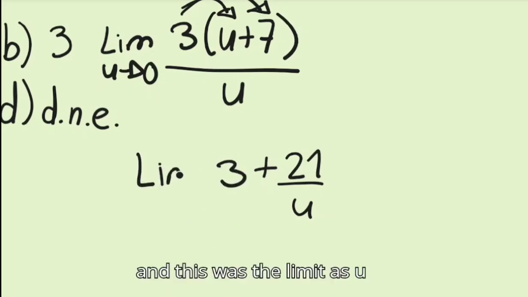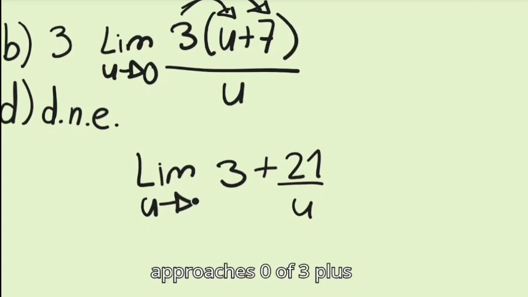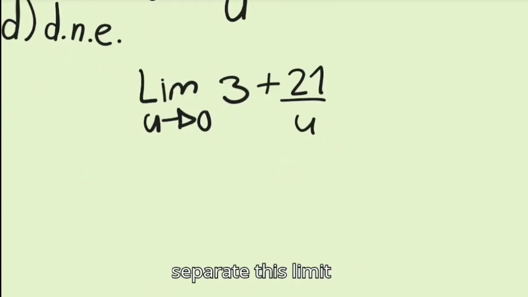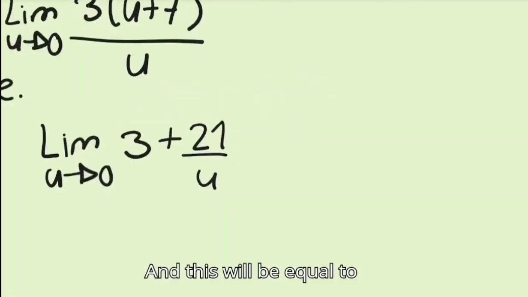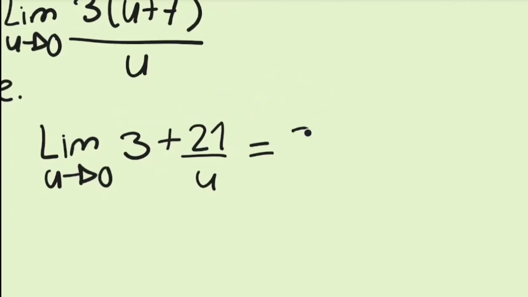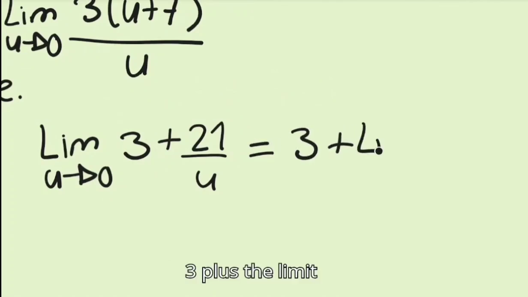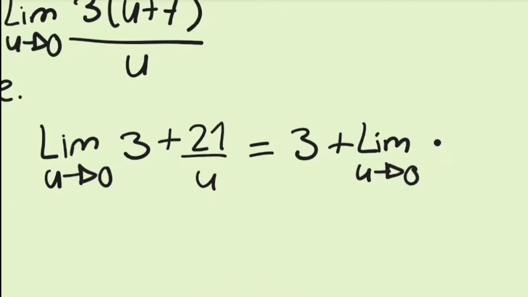And this was the limit as u approaches 0 of 3 plus 21 over u. Now we can separate this limit, plus the limit as u approaches 0 of 1 over u.